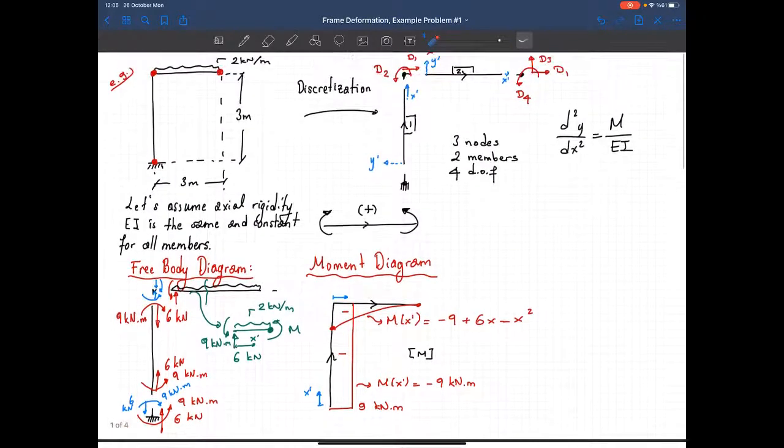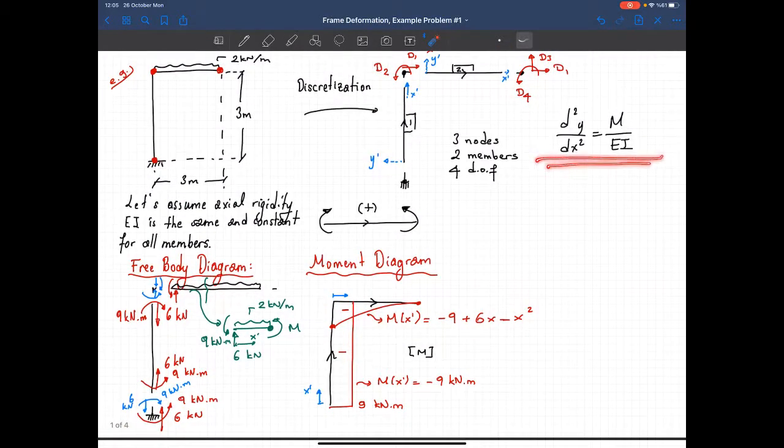That's the governing equation for bending deformation. Once you divide the structure into members and nodes, for each member, remember that they should be continuous, that's the requirement. We can actually write the following equation. And in order to calculate those deformations, I need to know the equation for the moment and two boundary conditions, since this is a second order differential equation.